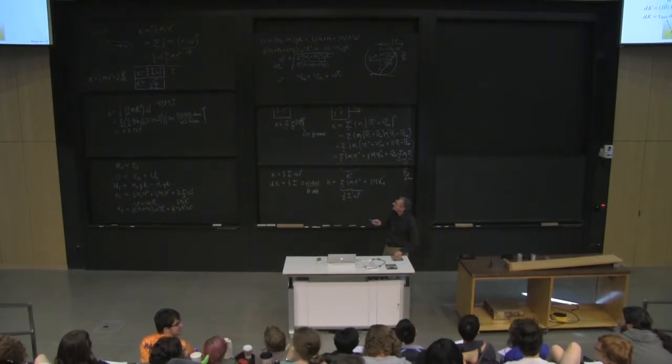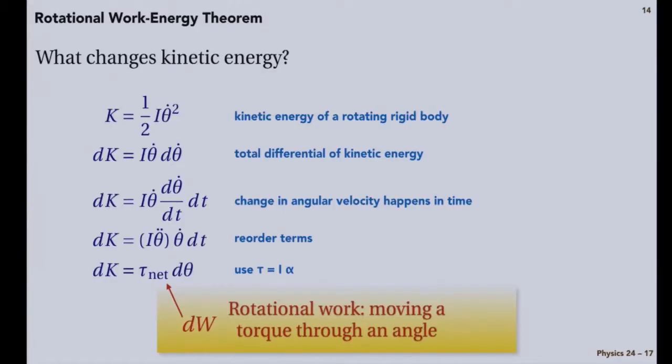Okay, so this term here, the torque turned through an infinitesimal angle, tau net d theta, is a little bit of rotational work. Just like before, if we moved a force through a displacement, we did a bit of work. So this is the rotational analog of the work energy theorem.